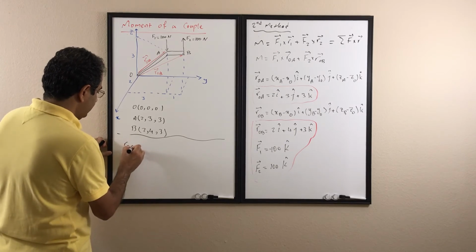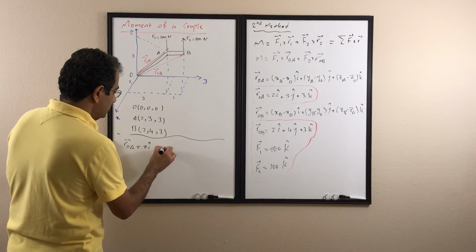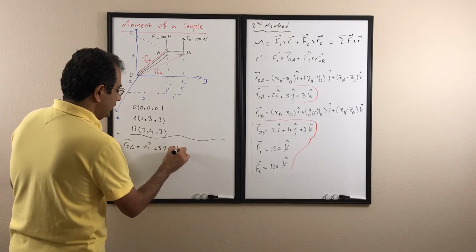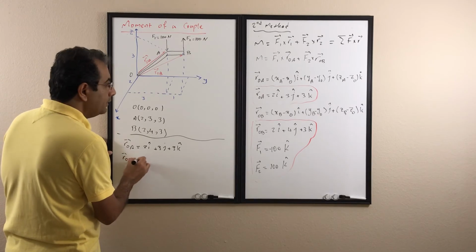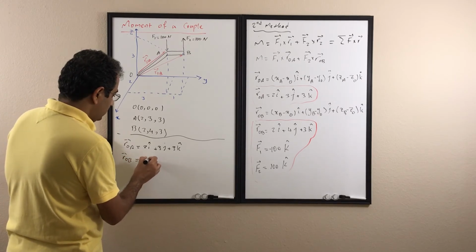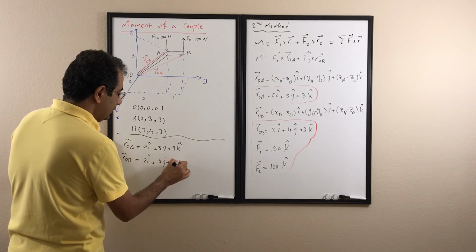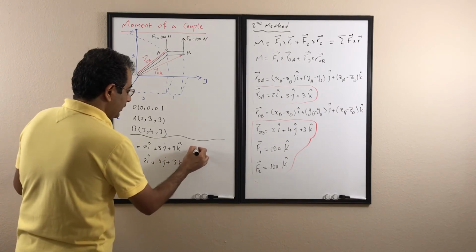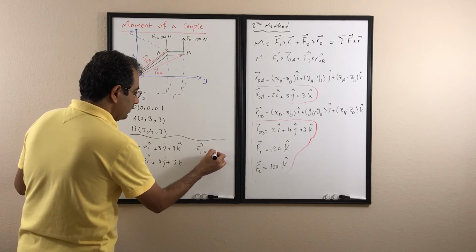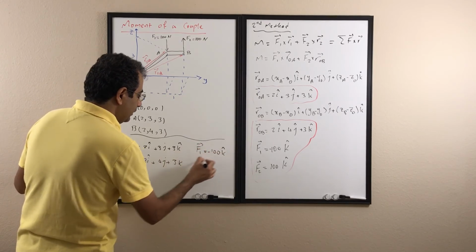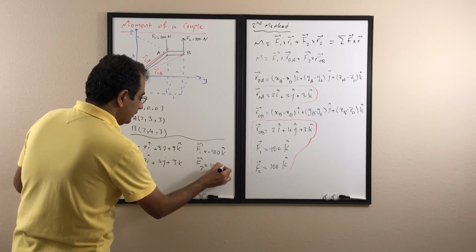ROA is 2i plus 3j plus 3k. ROV is 2i plus 4j plus 3k, and F1 is negative 100k, and F2 is 100k.